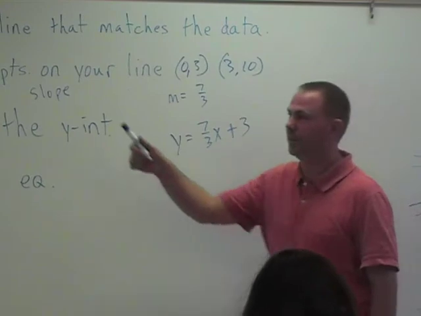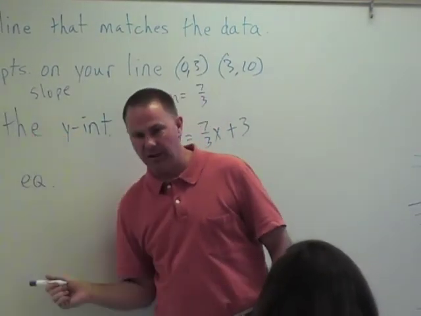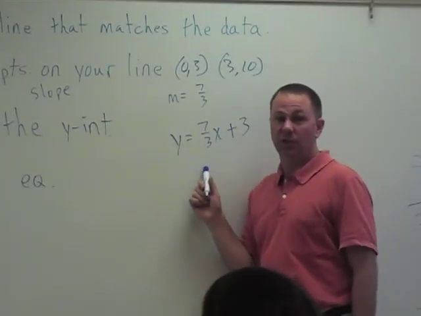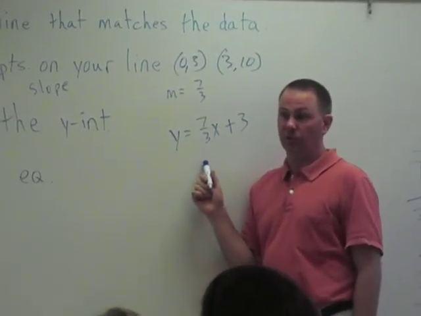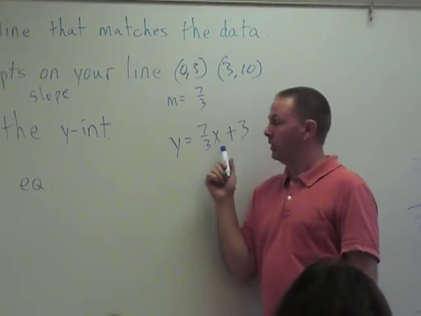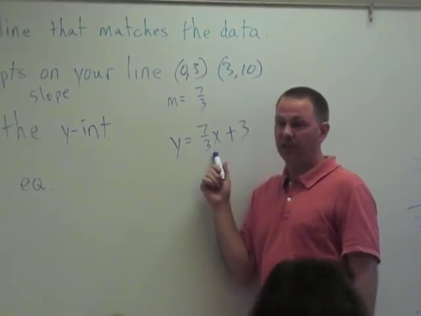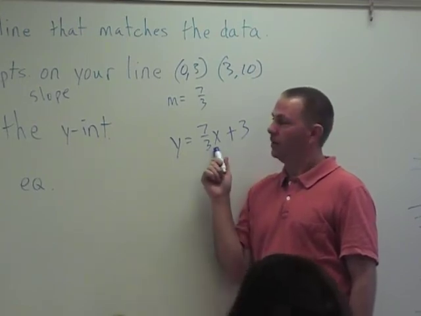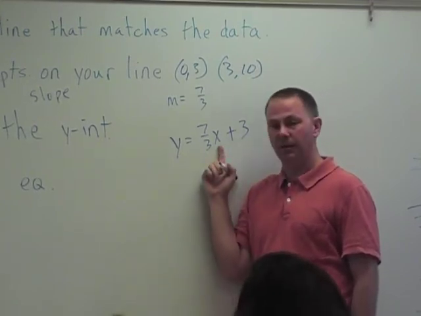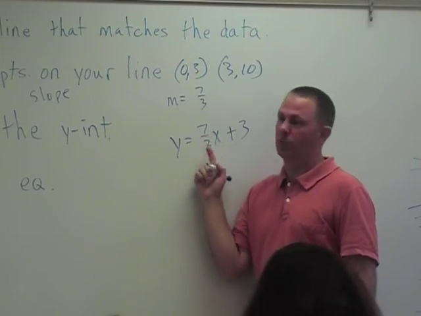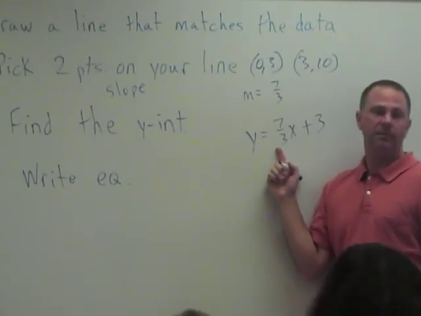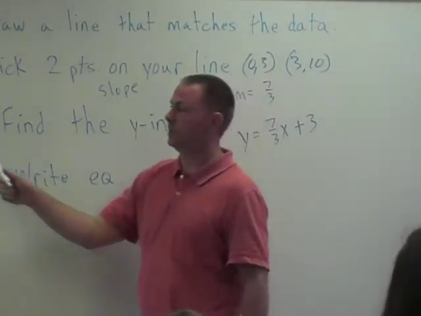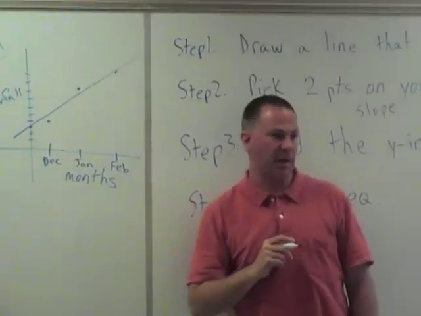Now we know that eventually that's going to come down, but let's say we thought that March was going to be a terrible wintry storm month. We could use this to predict how much snow we're going to get. If we put the 4th month in, 4 times 7 is 28. 28 over 3 is 9 1/3, plus 3, 12 1/3 inches is what you could say we expect in March.